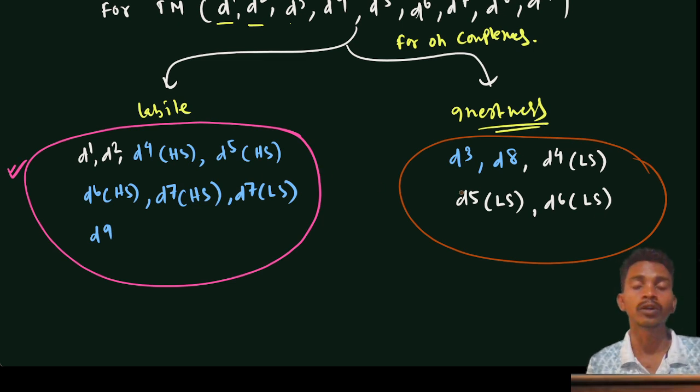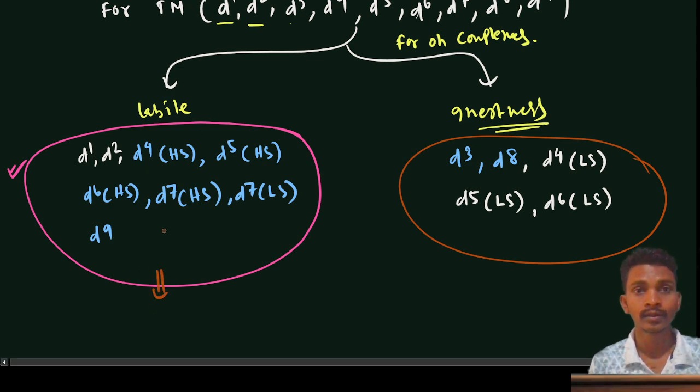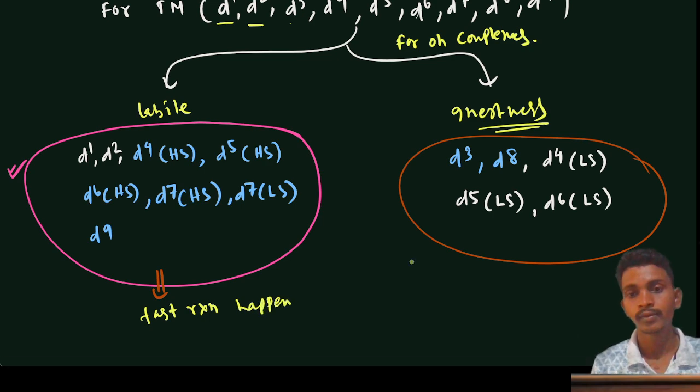Yes, so if these orbitals are there, then the transition metal complexes are mostly inert. If these orbitals are there, they are classified as inert, and if these orbitals are there, they are classified as labile compounds. Here fast reactions happen, and here slow reactions.